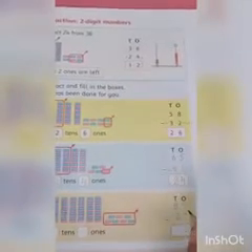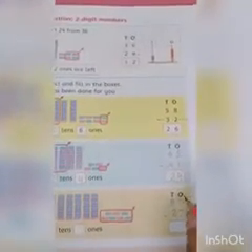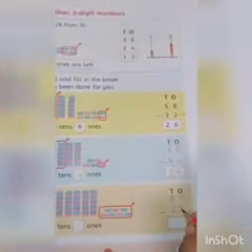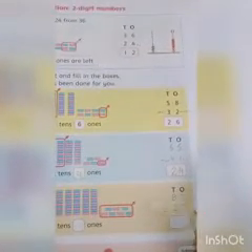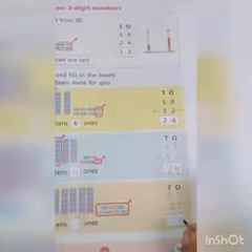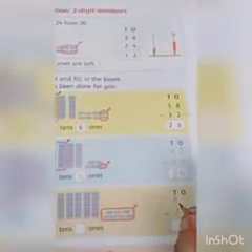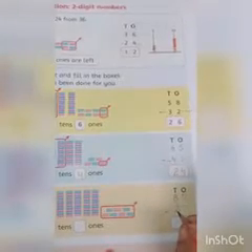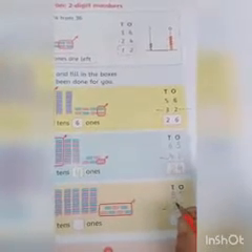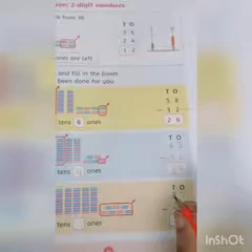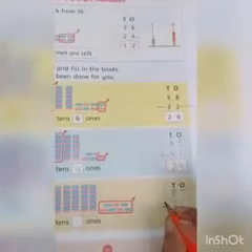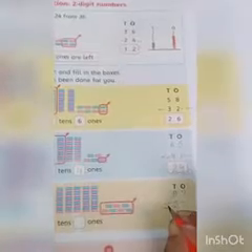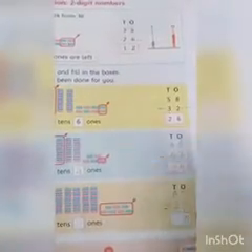Students, we will subtract the ones first. We are going to subtract 7 from 7. When we subtract the same numbers, we get answer 0. Then we are going to subtract the tens now. 8 is the bigger number and 2 is the smaller one. We are going to count towards 2 and reach at the number 8. 2, 3, 4, 5, 6, 7 and 8.